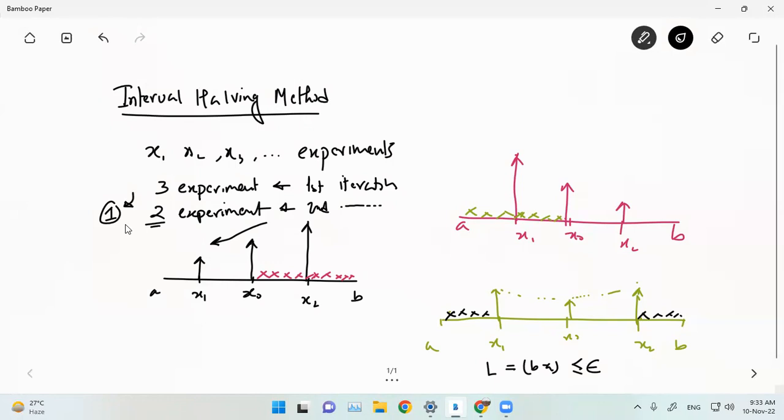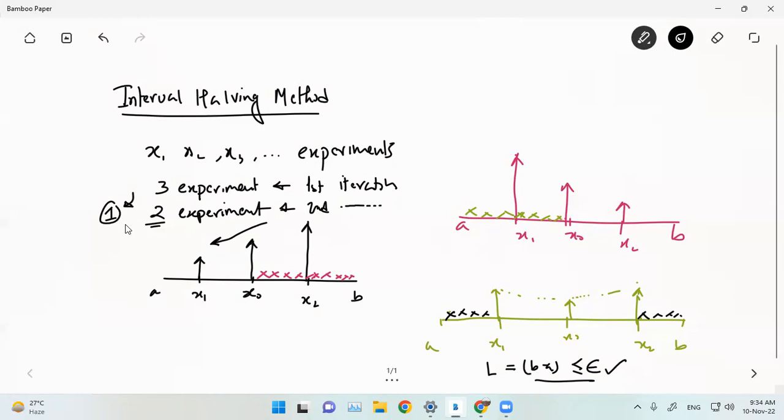If this condition is verified, then the convergence criterion is satisfied, and we have to stop the procedure. Otherwise, with this L, we have to go to the next iteration again.